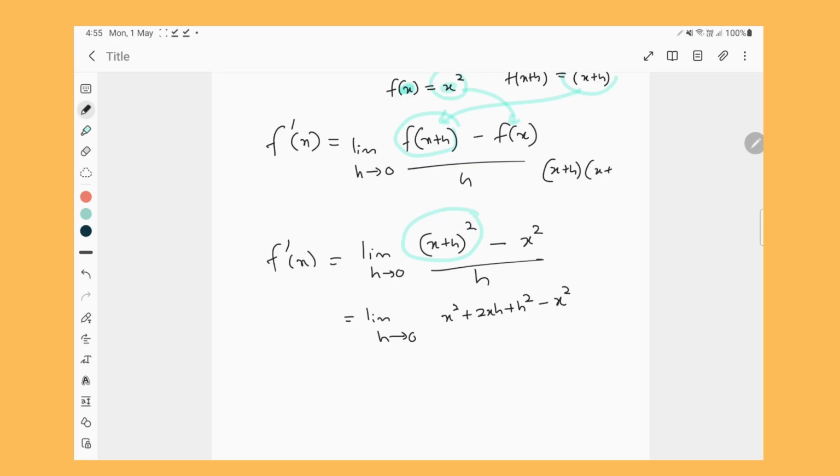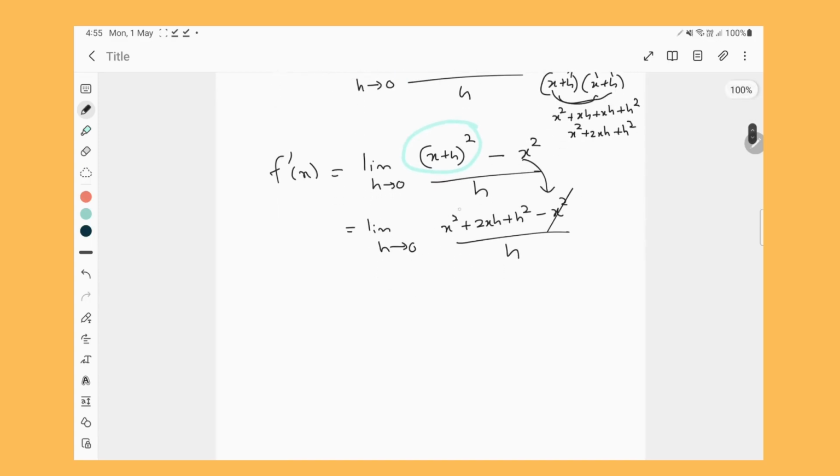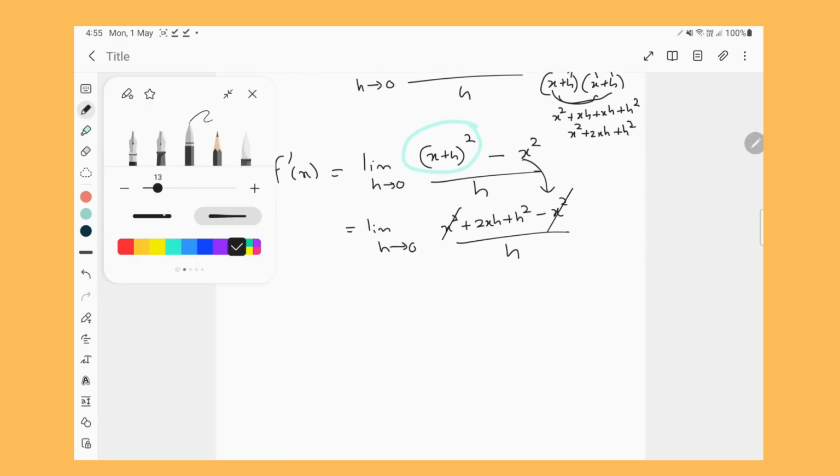You write two brackets here, expand this: x squared, this into this plus xh, this into this plus xh plus h squared. So x squared plus 2hx plus h squared. Okay. Minus this term, I wrote it as it is, divided by h. So you can see this term and this term gets cancelled off.